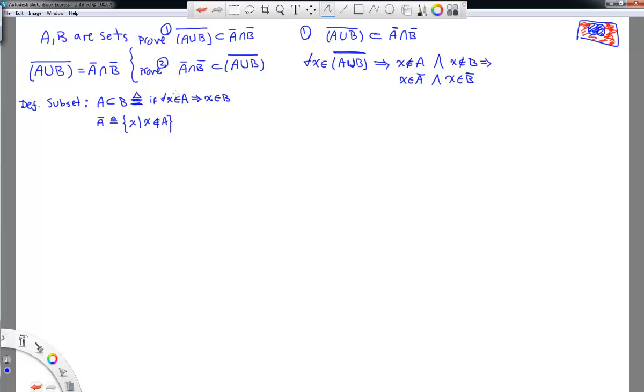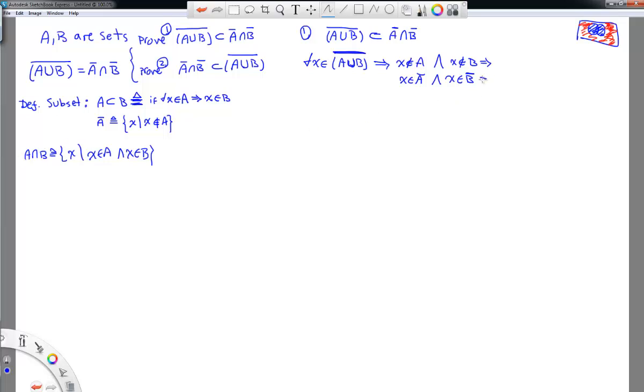See, if x is not in A, then x is by definition in the complement of A. And if x is not in B, then x by definition is in the complement of B. Now, what is the meaning of intersection? A intersect B by definition is all the x such that x is in A and x is in B. Right? So now just replace A and B with A bar and B bar, the complements.